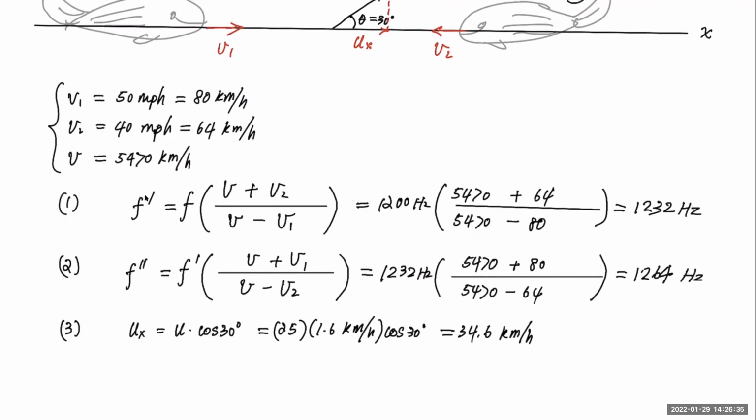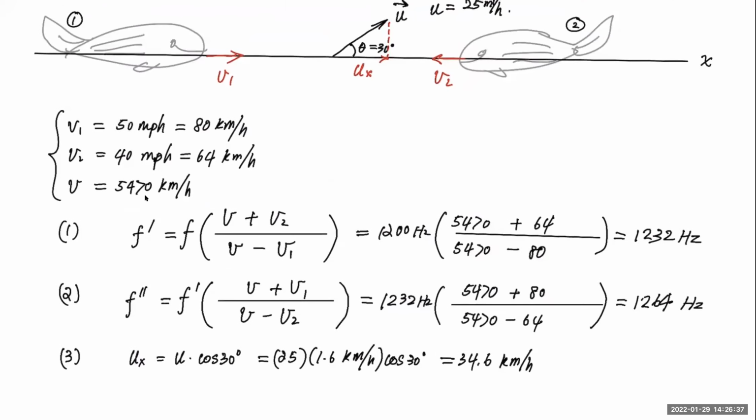Now, we want to switch to a new reference frame in which ux equals 0. That's the whole idea, right? In that new reference frame, so now imagine you're flowing along with the ocean current eastward at 34.6 kilometers per hour. In your new reference frame, how fast is the first whale moving? Well, the first whale, because ux and v1 are along the same direction, the observer moving along with the current will see a reduced speed v1, right?